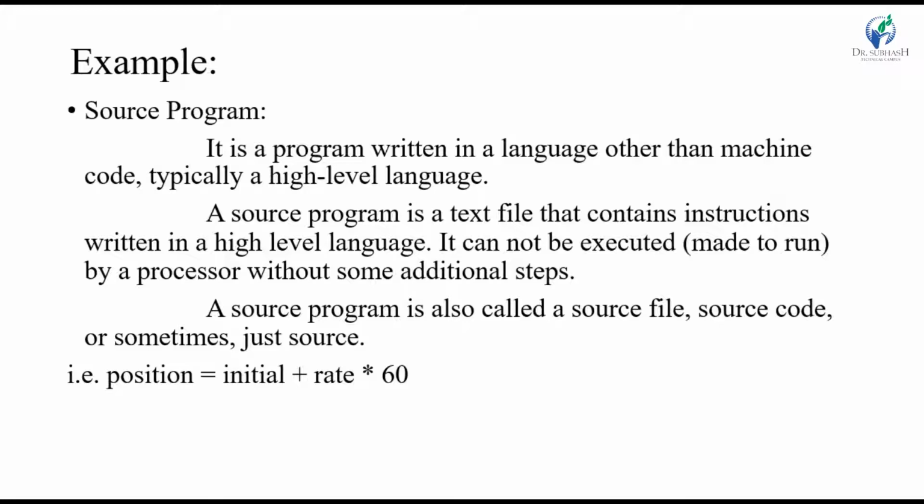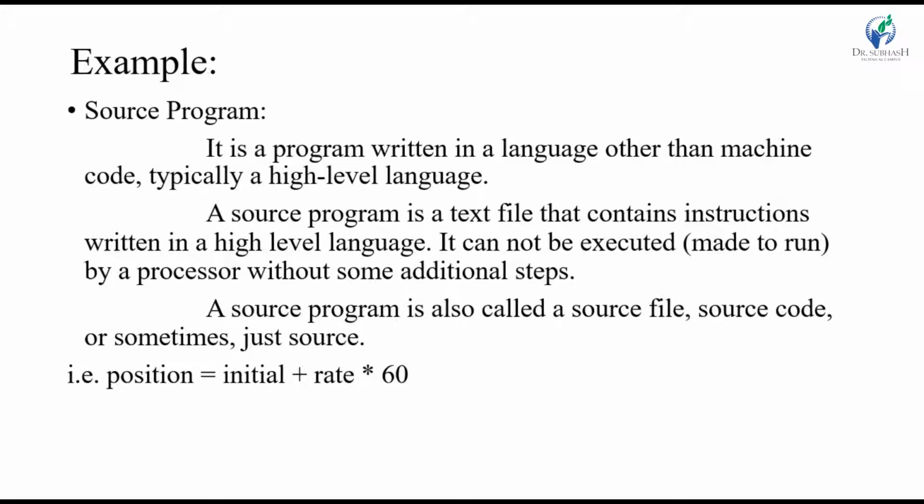Here I take one example. Position equal to initial plus rate into 60, or any other example like A equal to B plus C into 8. So you can take any example.